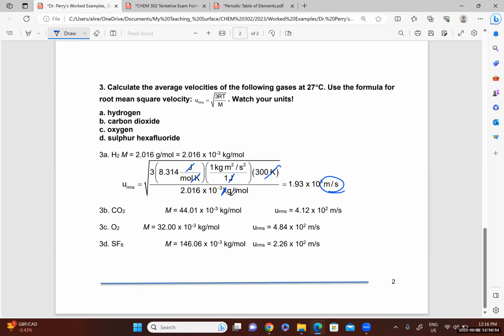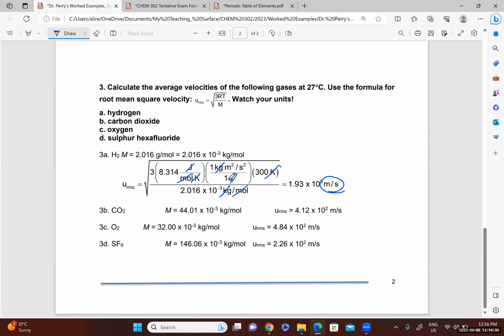In the denominator, we have gram per mole, so it's better to convert this to kilograms per mole. That's exactly what we did here. By converting that, we get rid of grams, and now we have kilograms. Kilograms and kilograms cancel each other, and mole cancels mole.